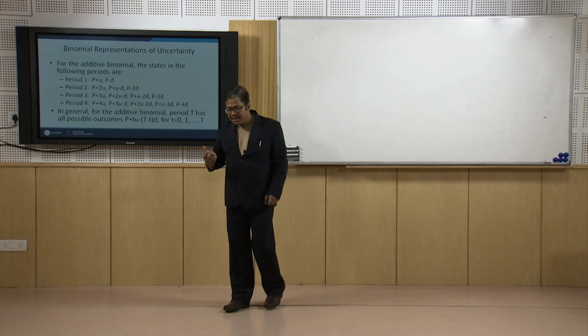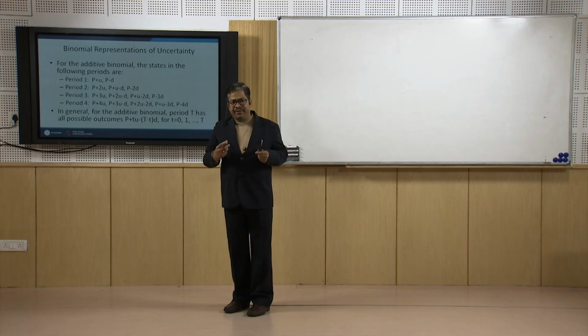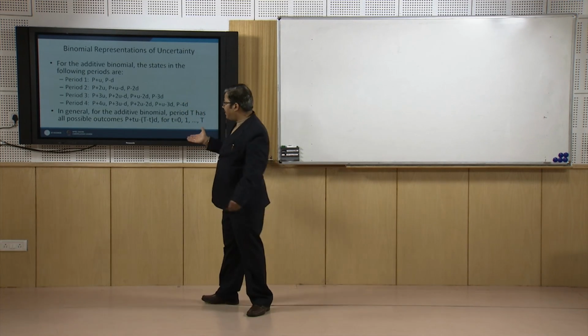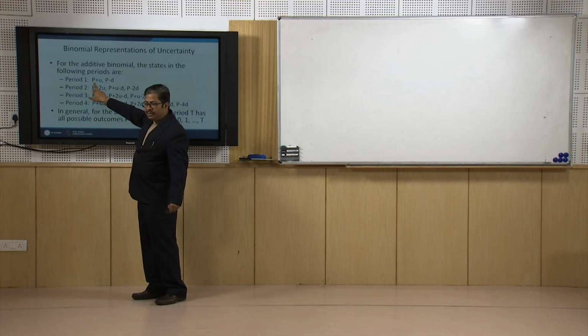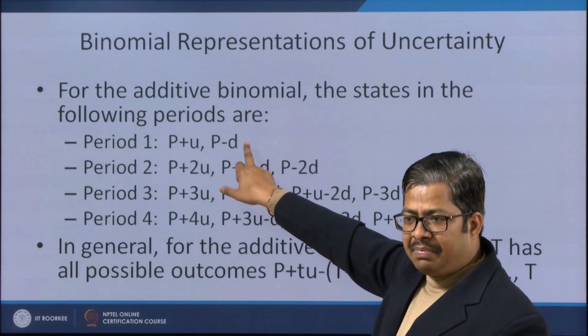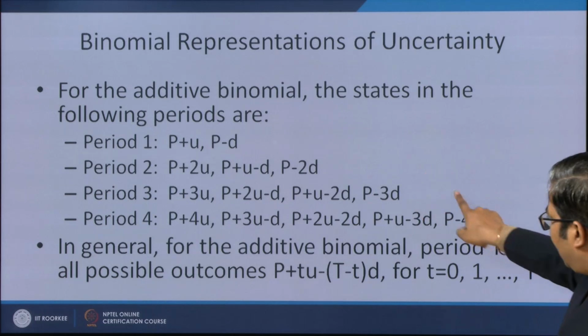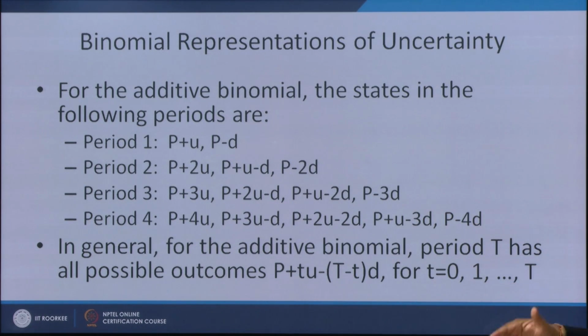We discussed why multiplicative uncertainty is more used in supply chain decisions: in the case of additive uncertainties it is quite possible that your underlying factor may get some kind of negative value. If this is price p and it is decreasing by a fixed value d over a period of time, then in the fourth period it is becoming p minus 4d, and in the nth period it may become p minus nd.